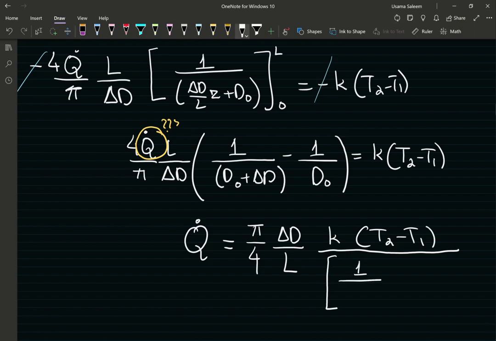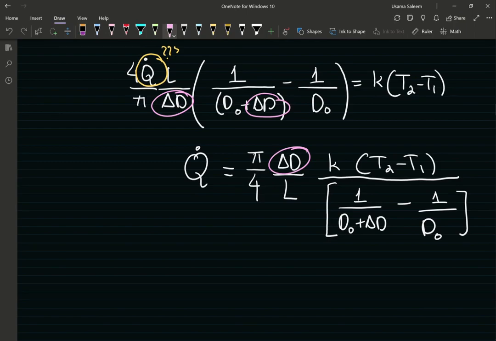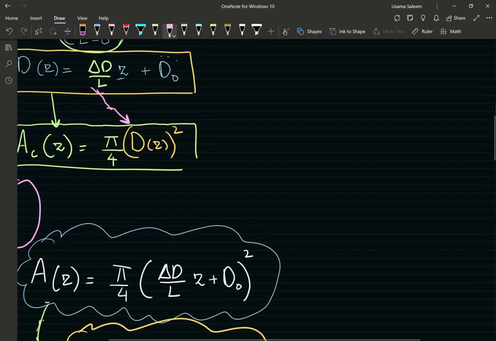goes this and that. Good. Up till this point this looks good, but I'm just gonna expand delta D out. I know that delta D is just equal to D2 minus D1, right? Wait, sorry, is it D1 minus D0?